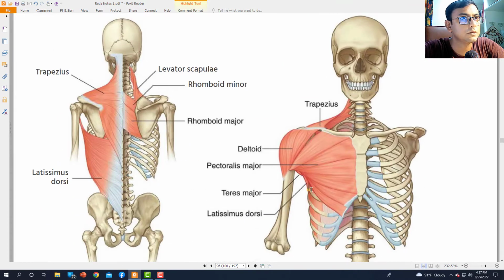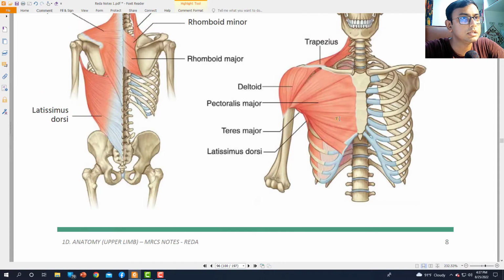So here are the pictures from the Gray's Anatomy student copy. Here you can see the trapezius muscle, a diamond shaped muscle, rhomboid major, rhomboid minor, latissimus dorsi, and the deltoid, pectoralis major, minor, and others.